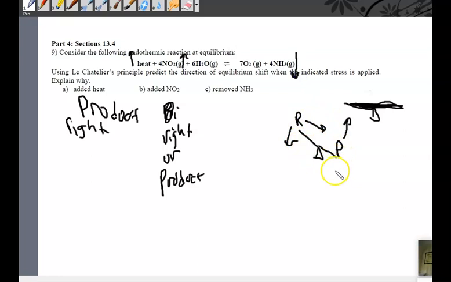My product side is lower than what it was originally in equilibrium. I have a hole. It's basically the ammonia is gone. So I have to shift towards the right to fill back up that empty spot of ammonia. So again, this is towards the right, or the product side. Okay, everybody get that? So in this case, it's product for all of them.